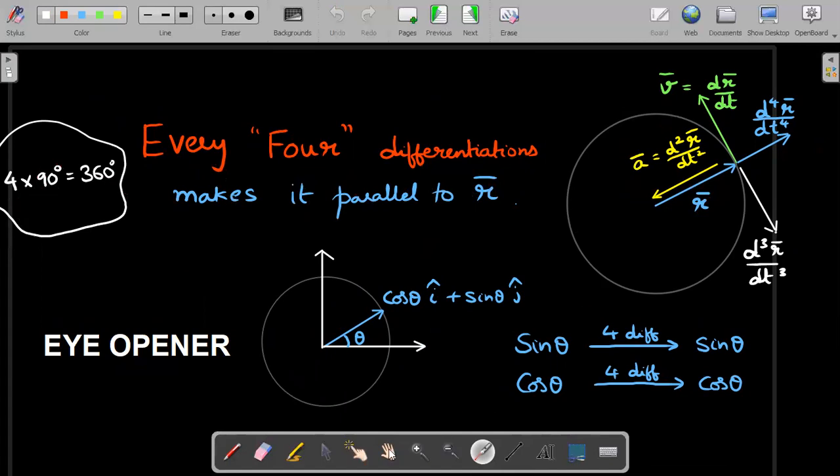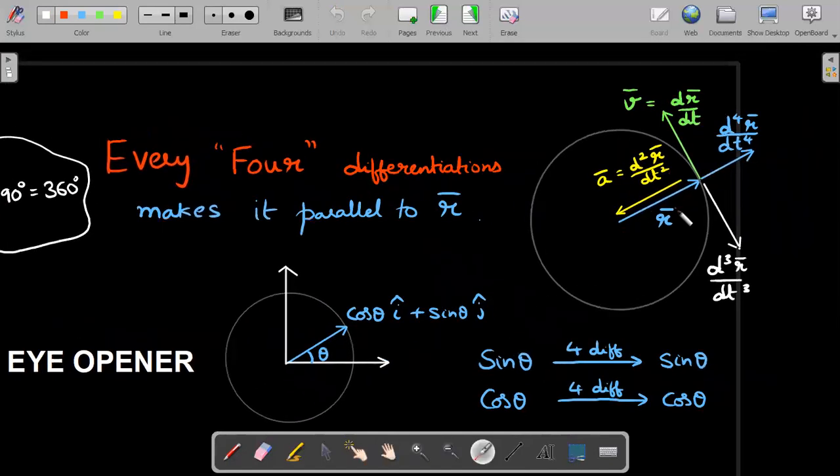You could see I have depicted the same in this picture here. Here on the right side of the screen, r bar, which is the blue color, becomes dr bar by dt, one differentiation this way. So you can just put your right hand and keep rotating it in anti-clockwise direction by 90. One more differentiation points the acceleration vector towards the center, right? In physics, we stop naming after the second differentiation, but maths need not stop.